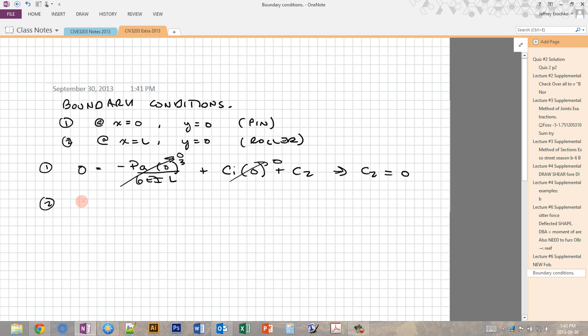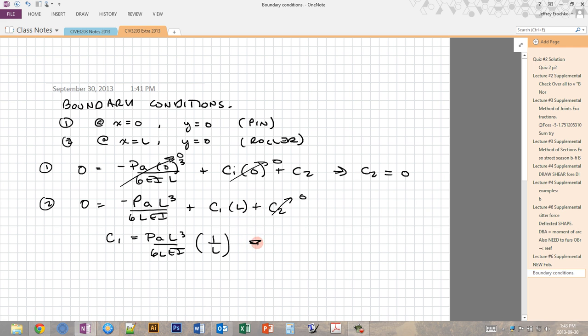And then if I do the same thing at x equals L, I get negative PAL cubed over 6LEI plus C1L plus C2, which is 0 as we just determined. We rearrange this for C1, and we get C1 is PAL cubed over 6LEI times 1 over L, and then we get C1 is PAL over 6EI.